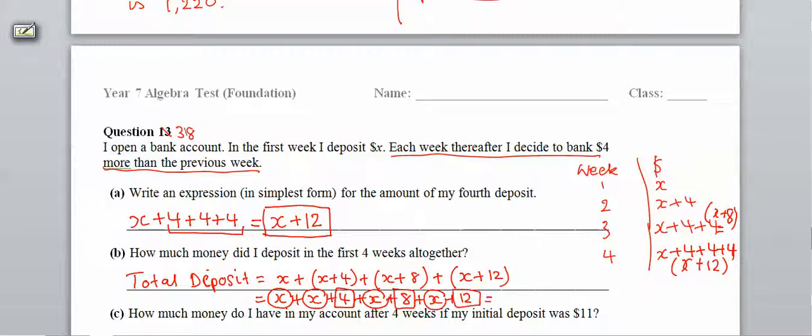So the simplified version of this equation, we've got 4x plus 24. That's adding our constants of 12, 8, and 4. So our answer for the total deposit is 4x plus 24, and I've just put a box around that.